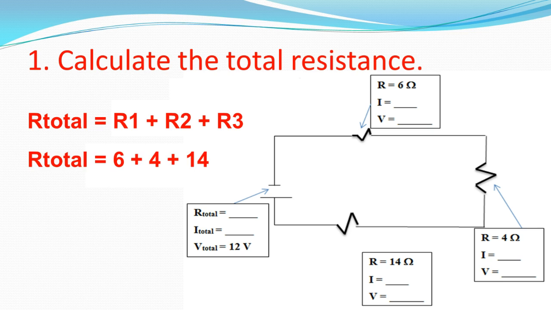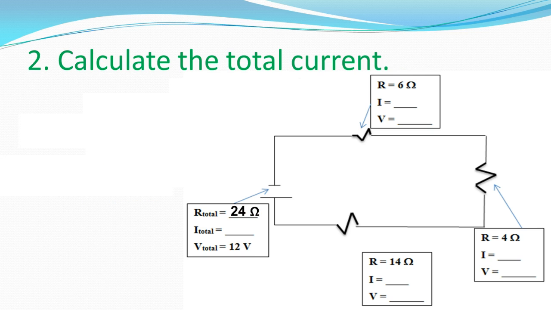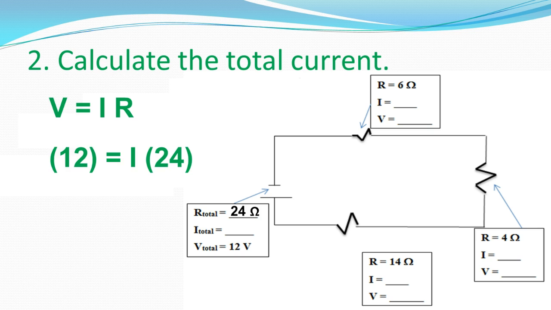Notice I have V, I, and R for each one of my resistors, bulbs, etc., and the cell itself. Now I need to apply my tendencies. With a series circuit, I know that the current is the same throughout. So I can add up all my resistors, which I already did.